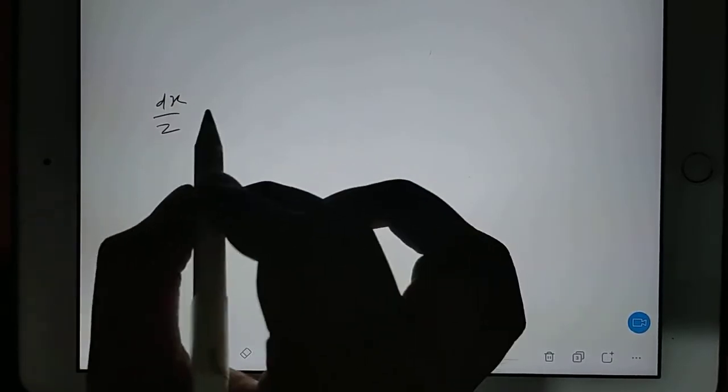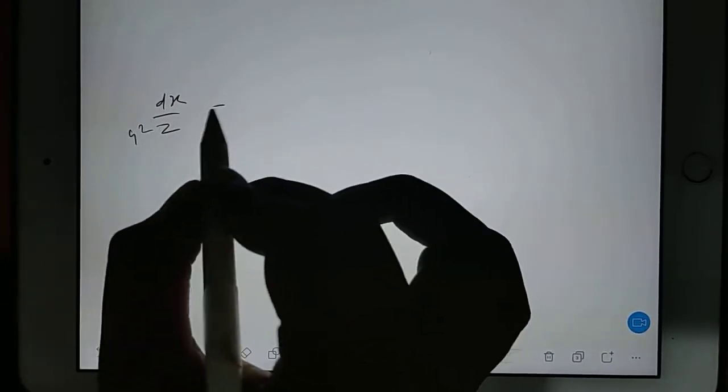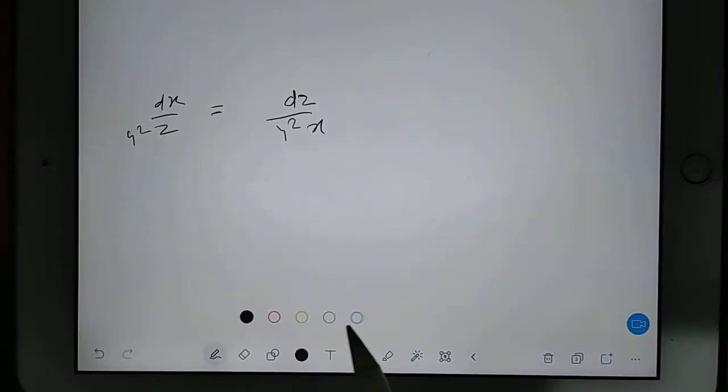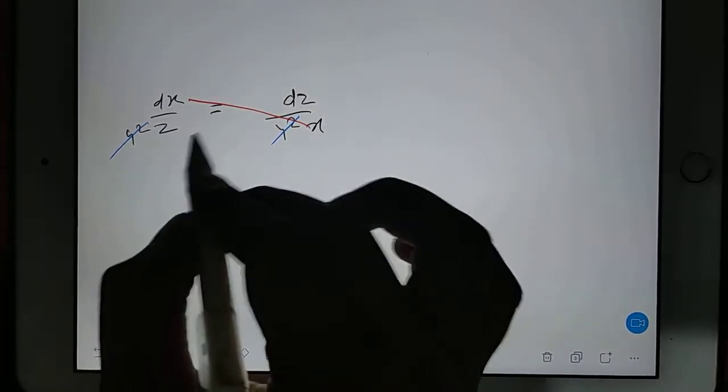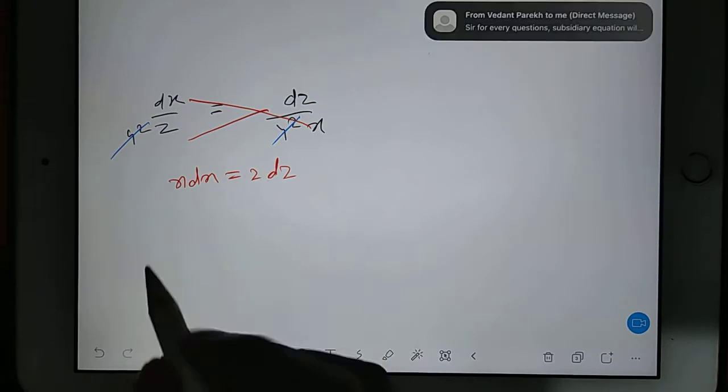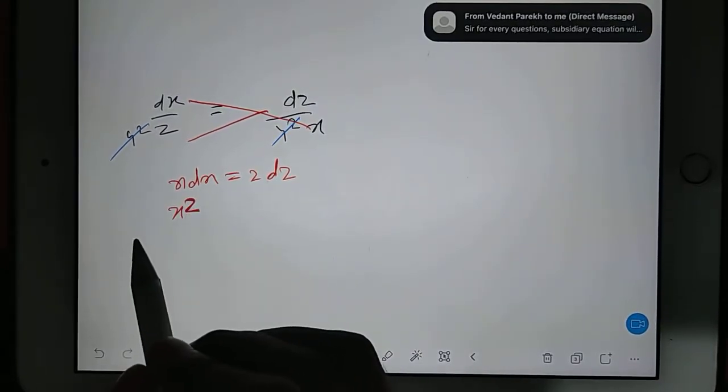That's why it is easier for us. So it will look like dx by z and dz by y square into x. I have chosen this because y square will get cancelled. So cross multiply z and x. You will get x dx is equal to z dz.